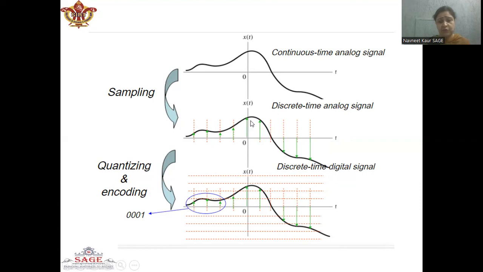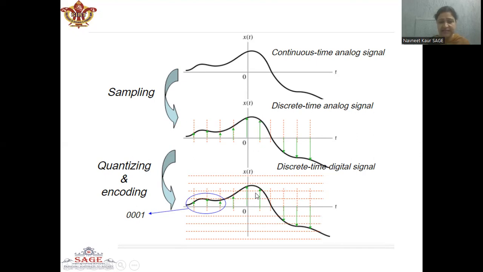Now, if I do quantization and encoding of these samples, the resulting signal will be a discrete time digital signal. If I do the quantization, that means I will round off the amplitude value of these samples to the nearest integer value or quantized value.